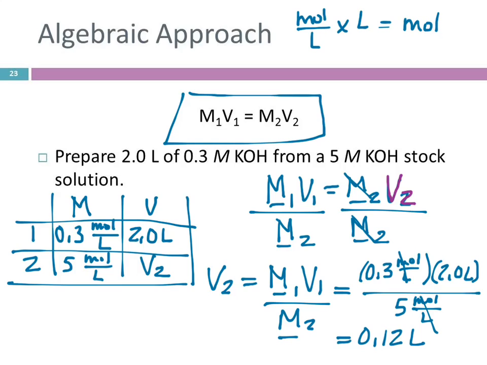So the answer here would be that you would measure 0.12 liters of the 5 molar potassium hydroxide, and then you would add water to get the 2 liter volume that you need. So that's how you dilute something. It's a lot like making orange juice from concentrate. You measure out the solute, you add water till you get the right volume. Any questions?